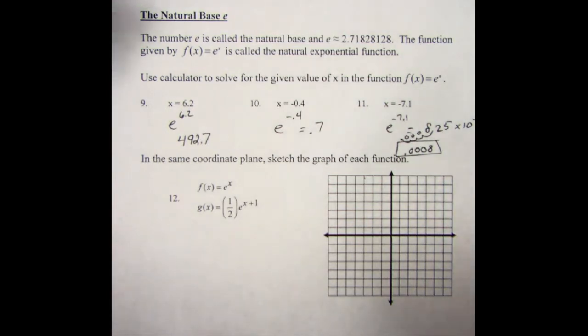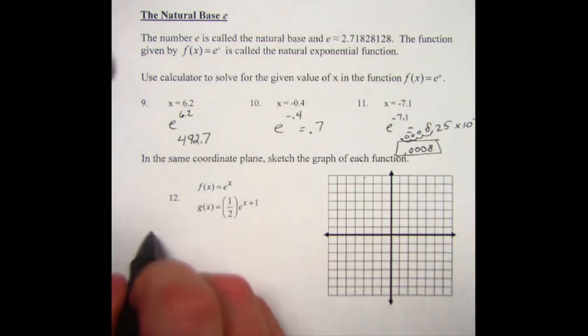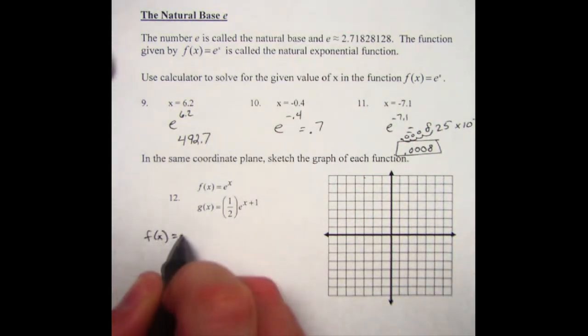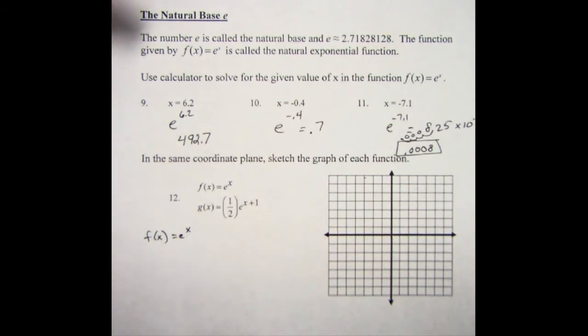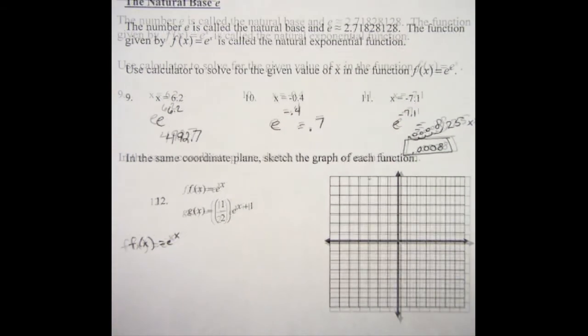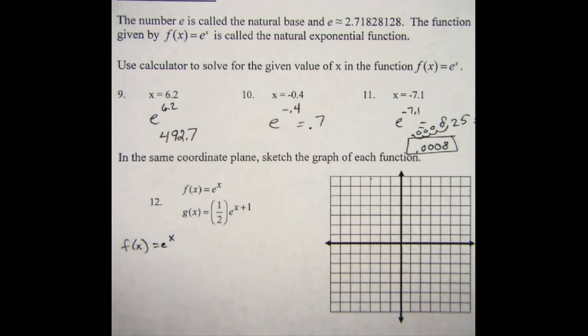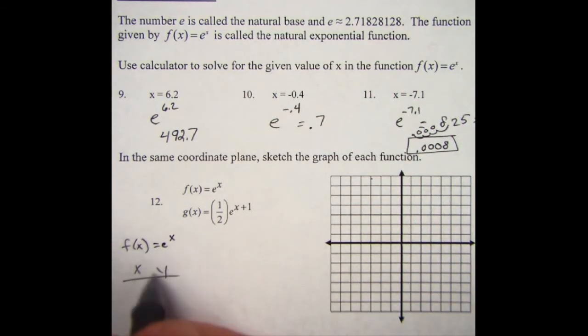Okay, now we're going to move on to number 12 and graph this function. So let's look at the f function, which is just e to the x. Let me zoom in a little bit so we can get closer. Again, I would suggest that when you're first starting with this, let's just pick an x. So that'd be e to the 0. Remember, anything to the 0 power is always 1.